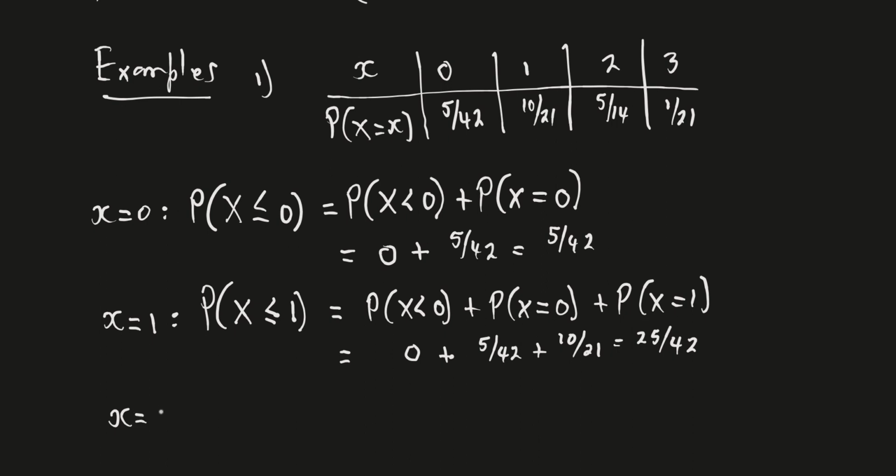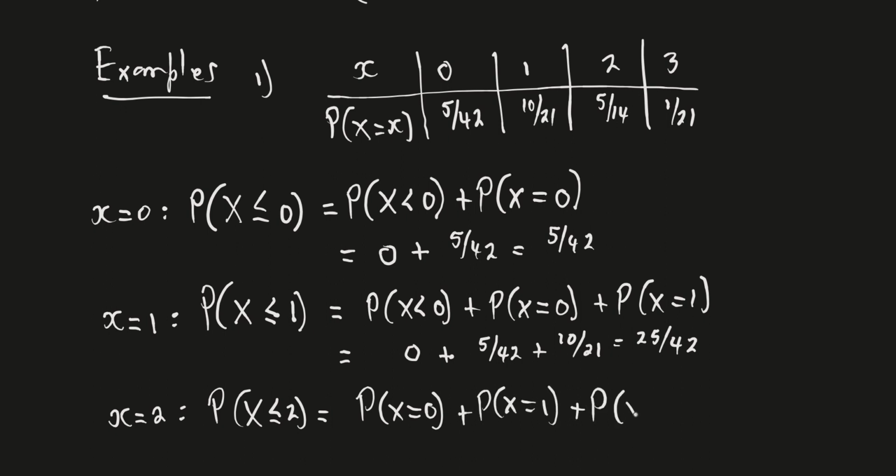So now let's look at what happens when x is equal to 2. So the probability that your random variable is less than or equal to 2, well, the practical possibilities are that x is equal to 0 or 1 or 2. Right? And again, we can add these all together in this cumulative way.